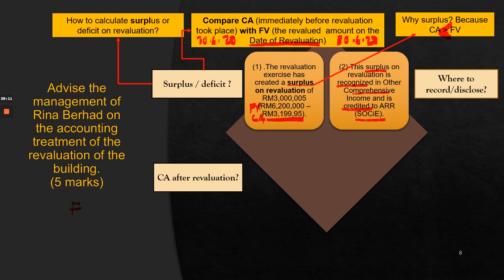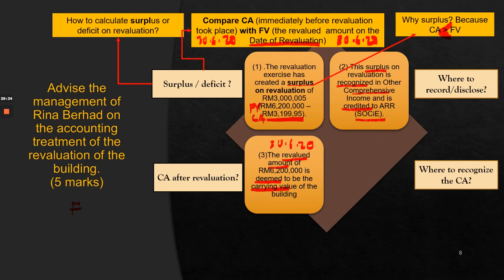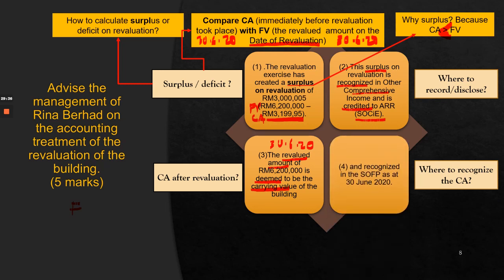What is the carrying amount after revaluation? You need to also mention that in your explanation of accounting treatment. Immediately after revaluation, on the date 30th of June 2020, the carrying amount will be the revalued amount. That is the deemed carrying value of the building. And where do we recognize that carrying amount?